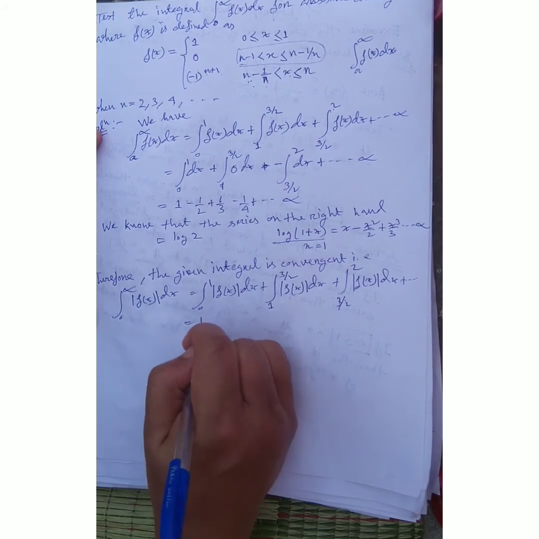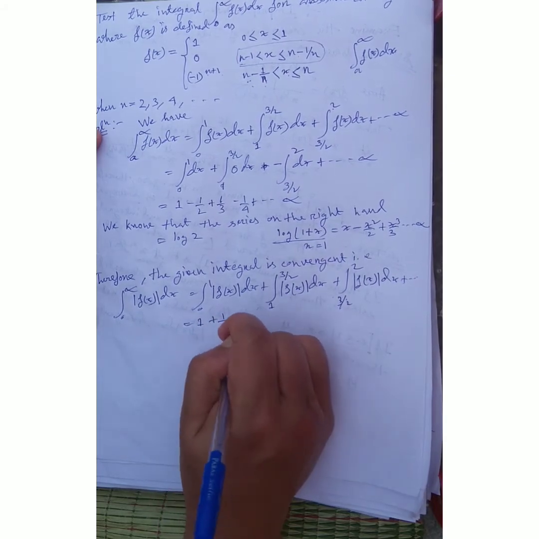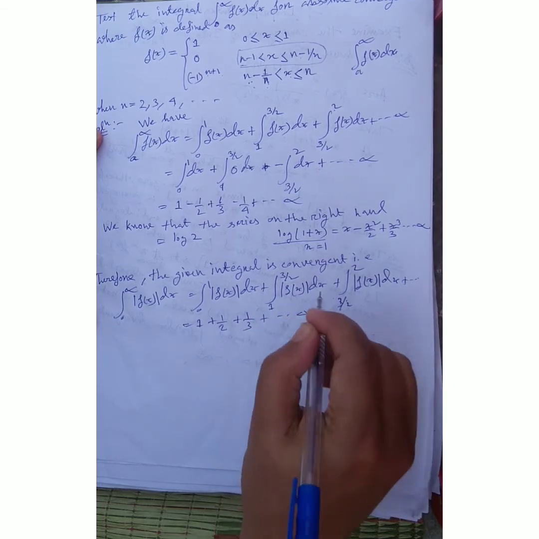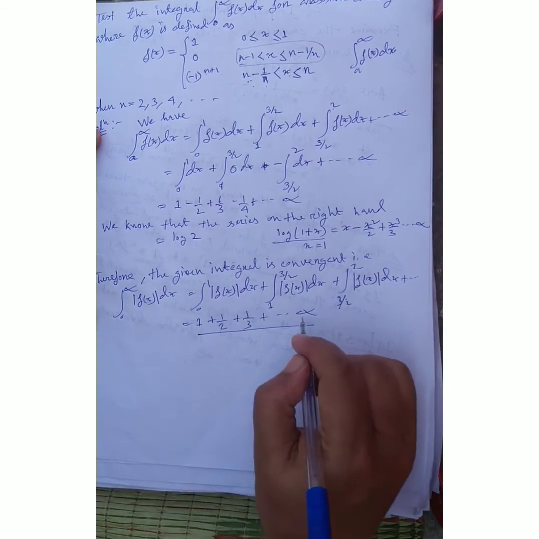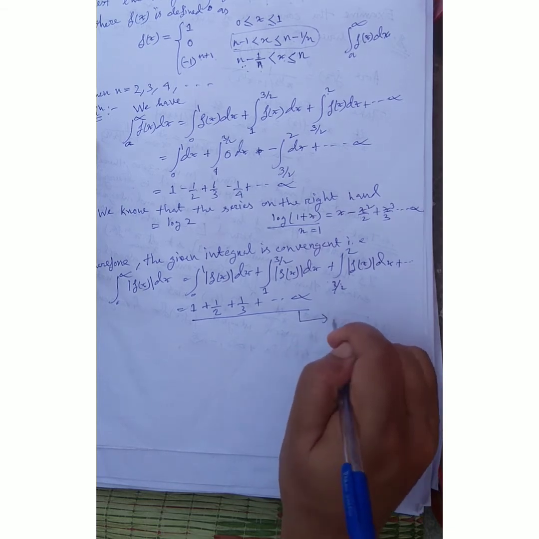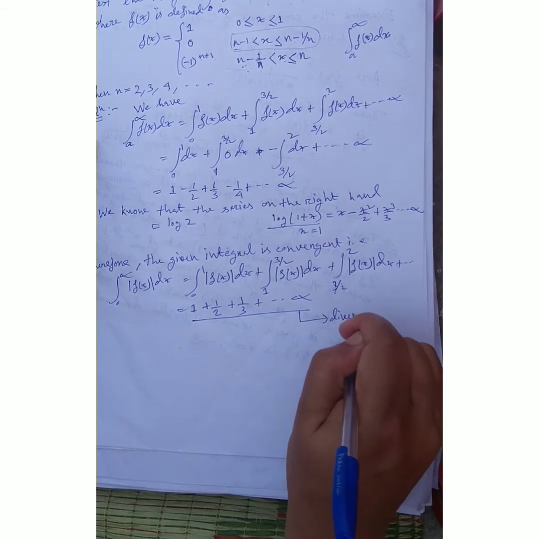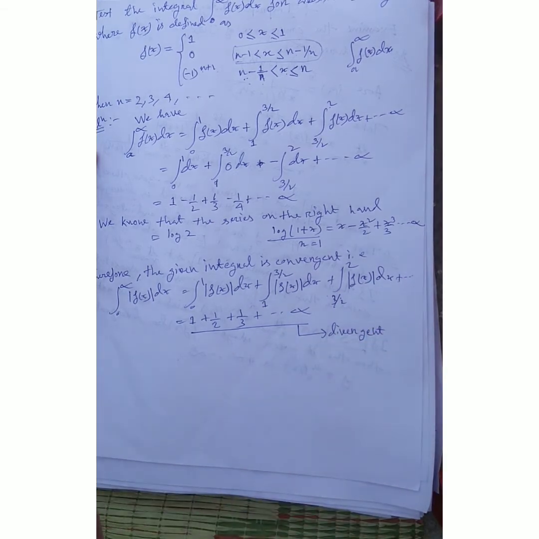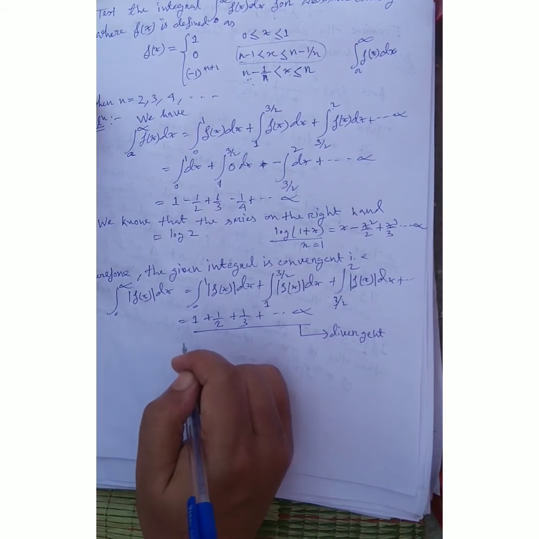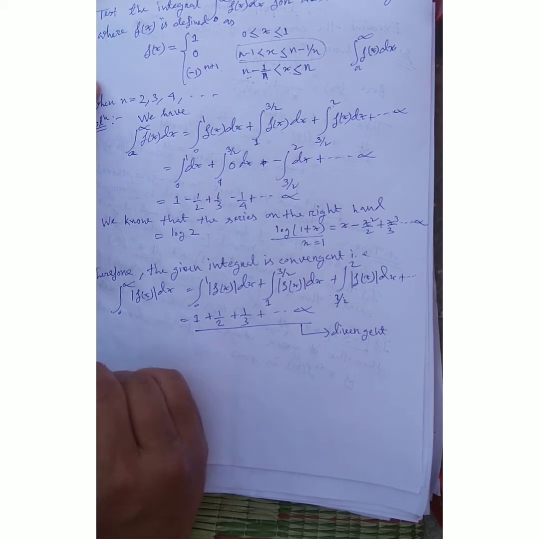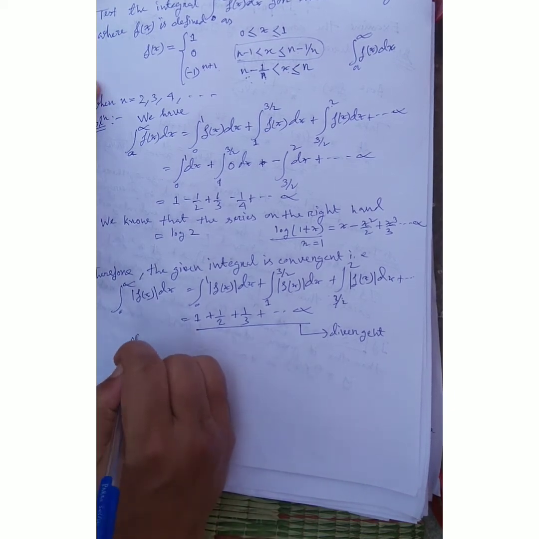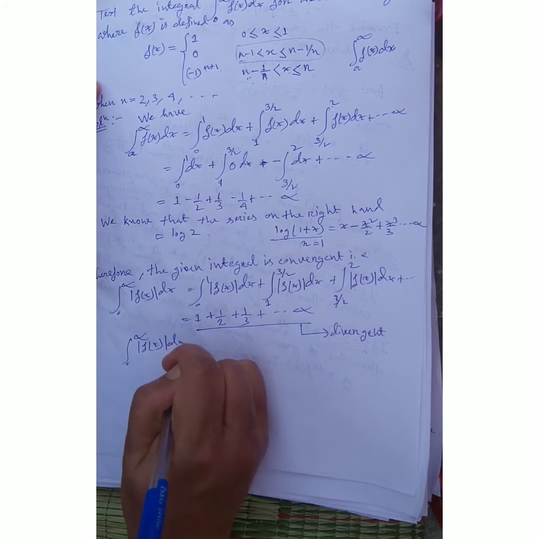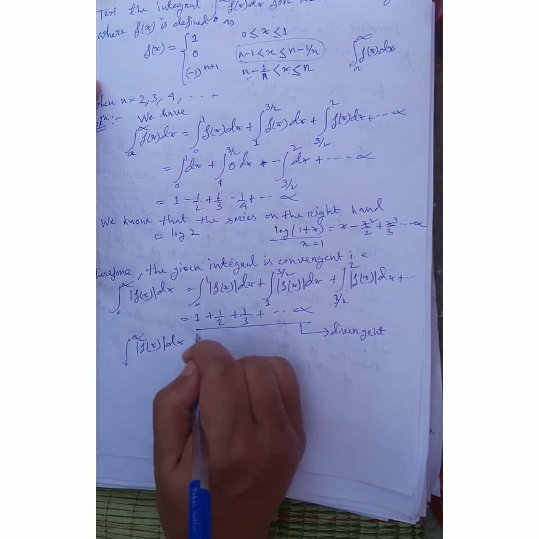Then whatever I get is 1 plus 1/2 plus 1/3, up to infinity. So friends, this series is a divergent series. So the integral from 0 to infinity of mod f(x) dx is divergent.